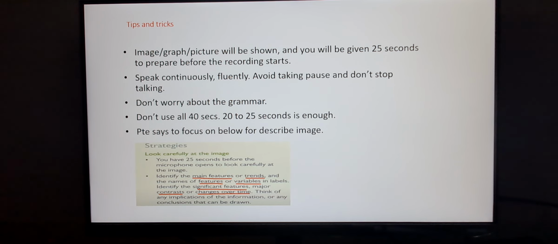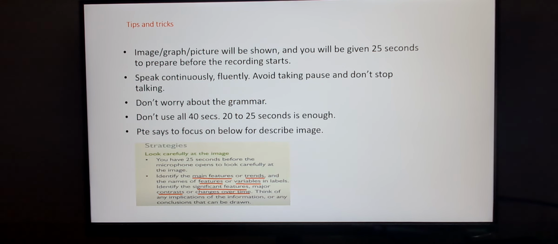Okay, so if you go to the PTE website, they have said a lot of things, like this screenshot I've taken from the PTE website, and they say that you have 25 seconds before the microphone opens to look carefully at the image. Now what PTE says is to identify the main features, the trends, the names of the features or variables in labels, identify the significant features, major contrast changes over time, blah blah blah.